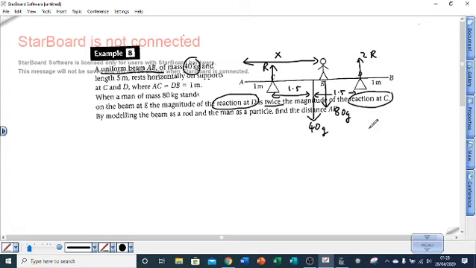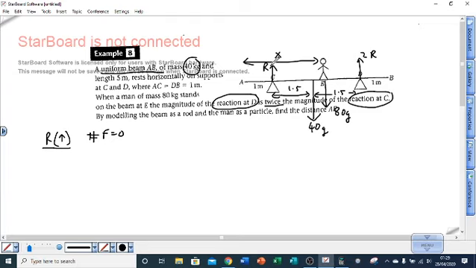Okay. So straight off, I'm actually going to find out what R is by just resolving, because it's in equilibrium. So resolving, up is positive, and using net force is equal to 0.